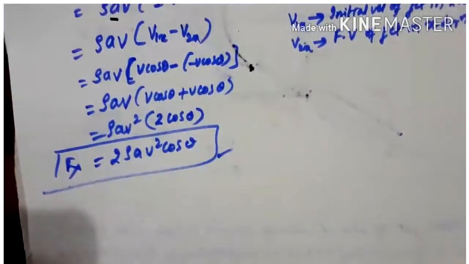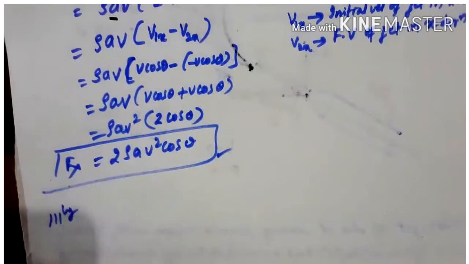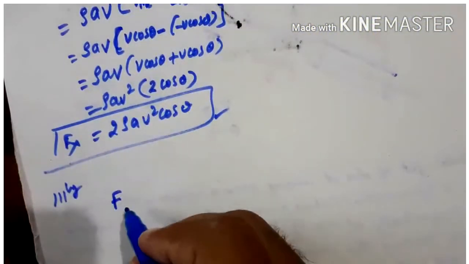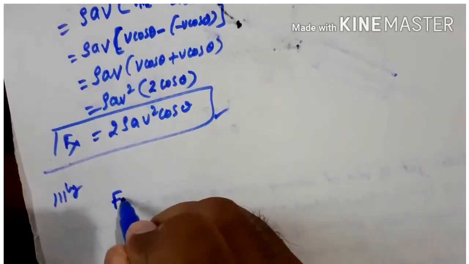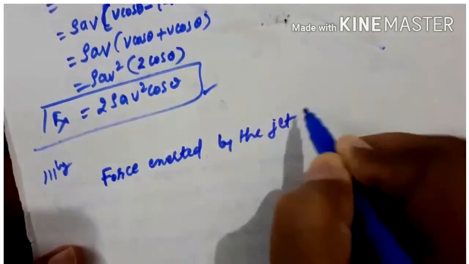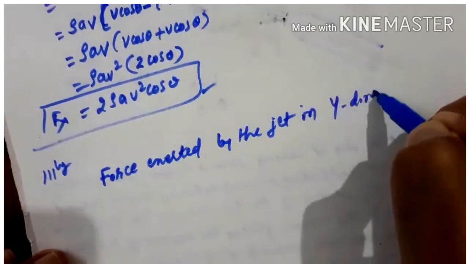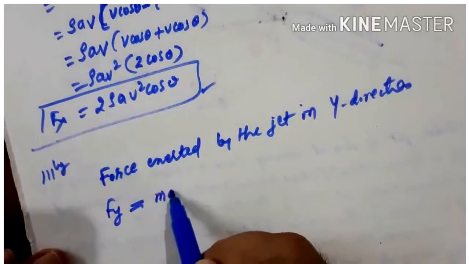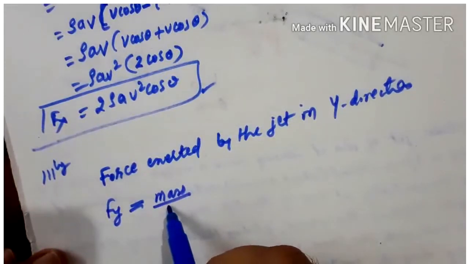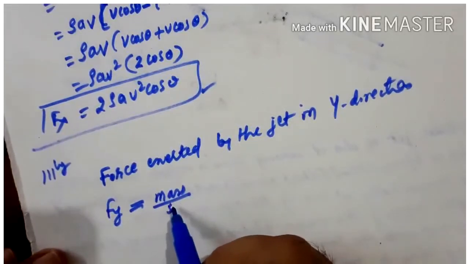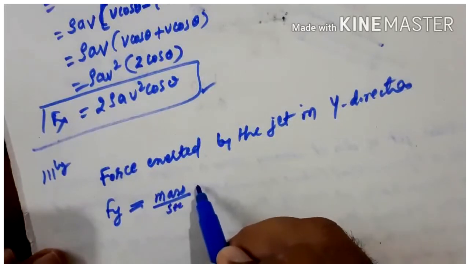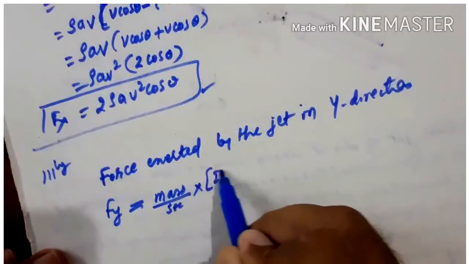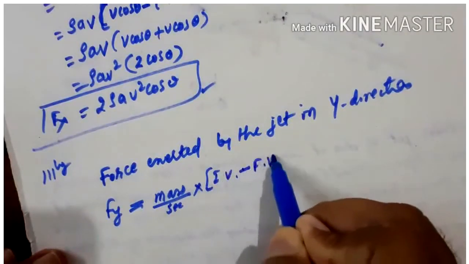This is the formula. Similarly in the y direction, the force exerted by the jet in the y direction, how can I write it? Fy equals, again, mass flow rate, that is mass per second, into initial velocity minus final velocity.